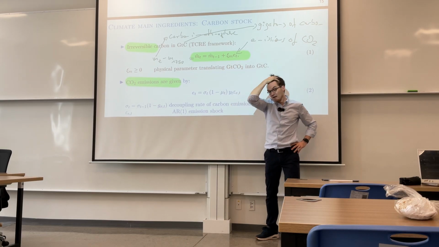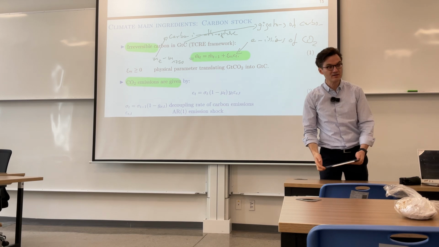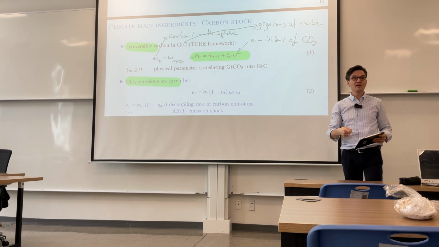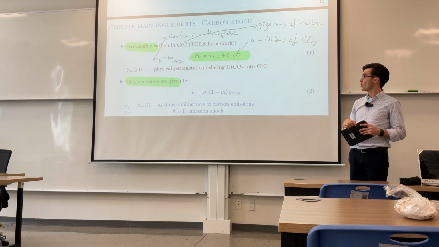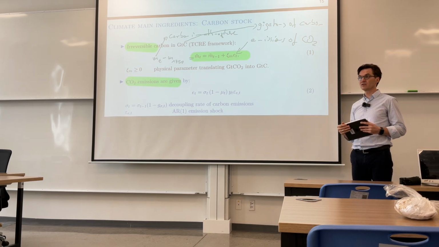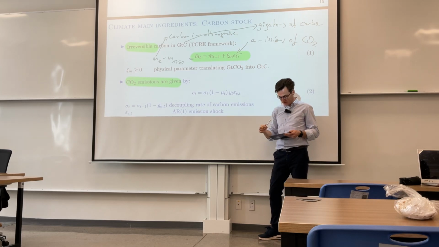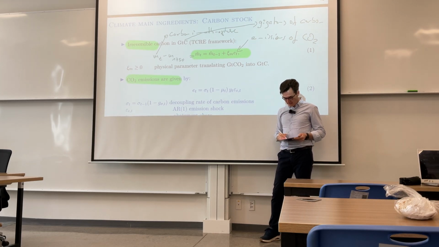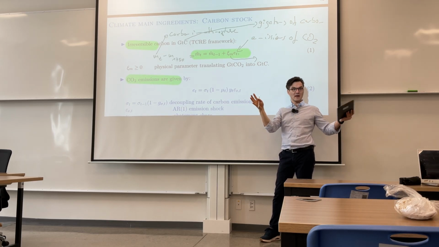Science has figured out apparently that carbon dioxide is the most important element that adds to the stock of carbon in the atmosphere, and that's why the authors focus on this one. But this Xi-M is a conversion rate between CO2 and carbon in the atmosphere.